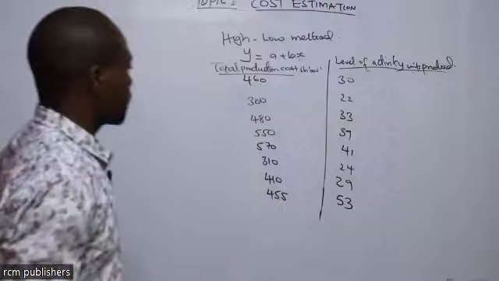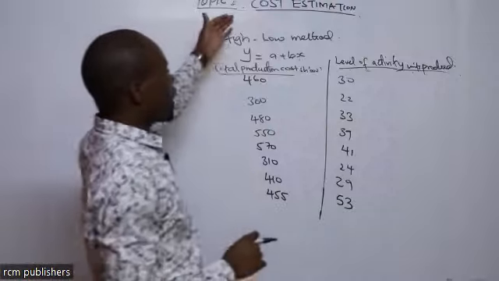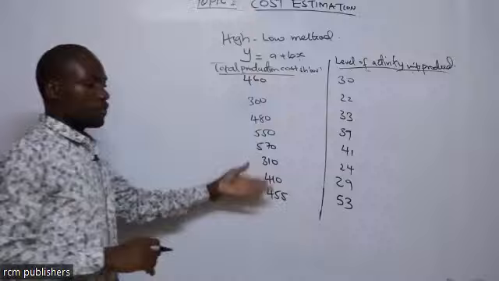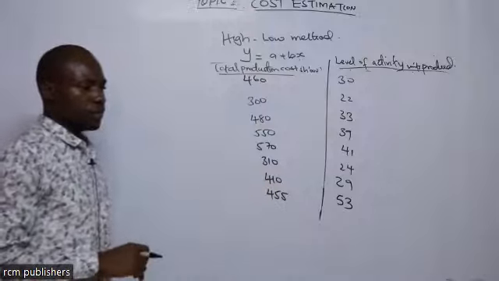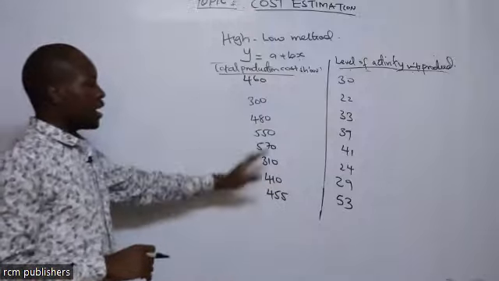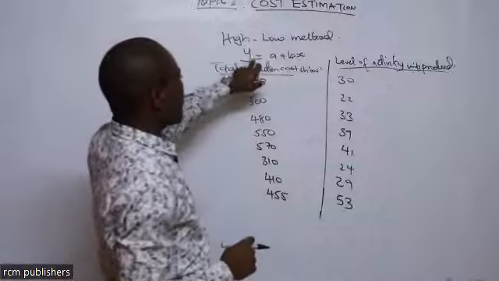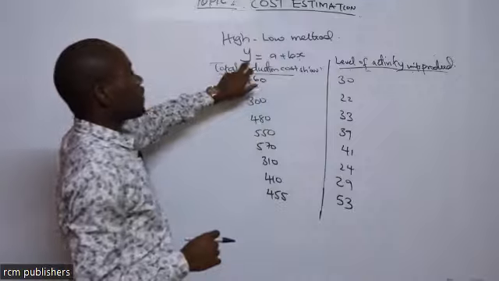That is what is given. Now, you are being told to use the high-low method to solve this particular question. You're being told to use the high-low method to help us come up with a cost function.